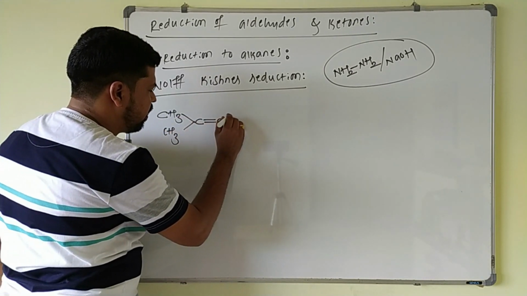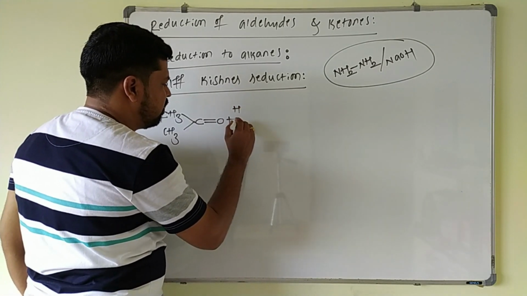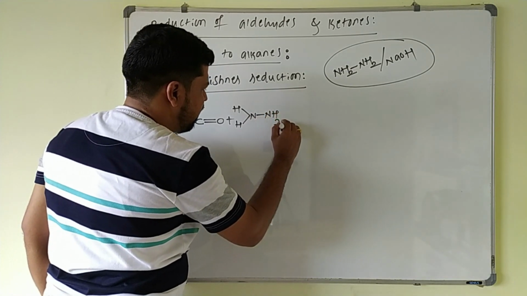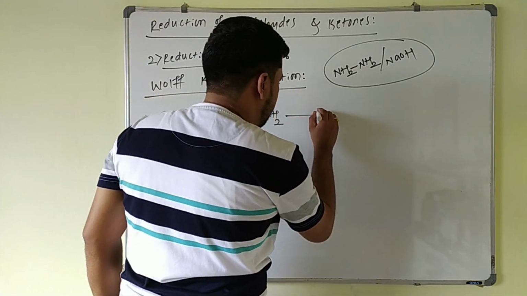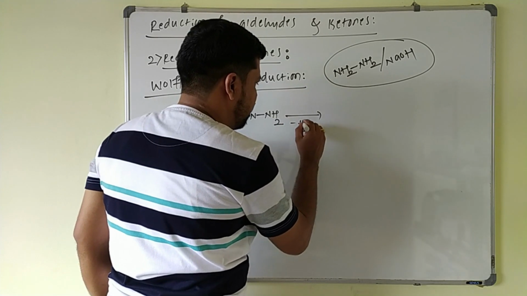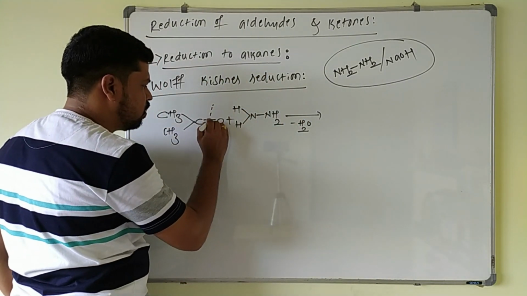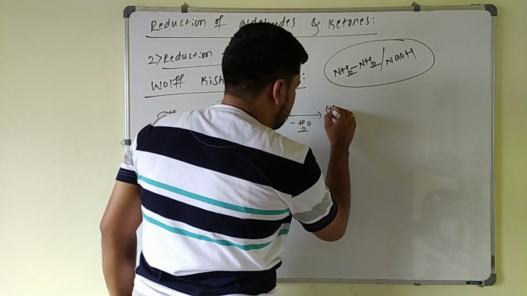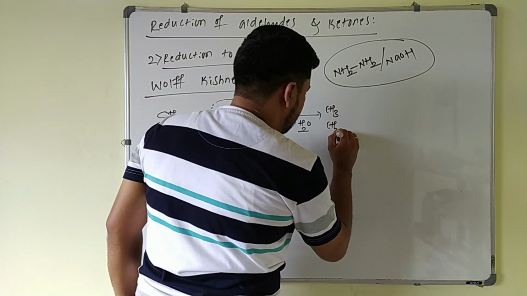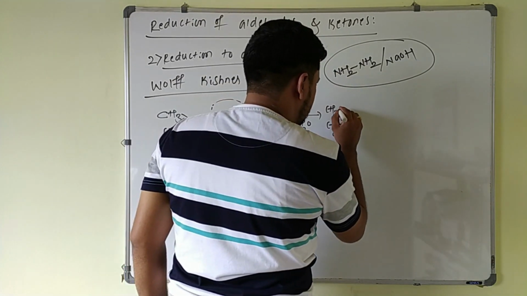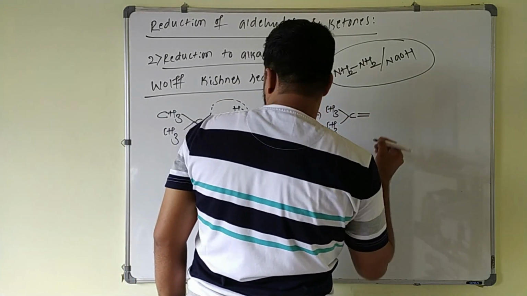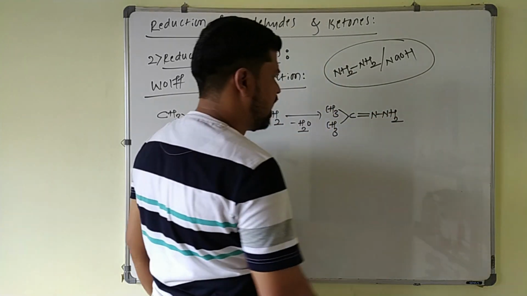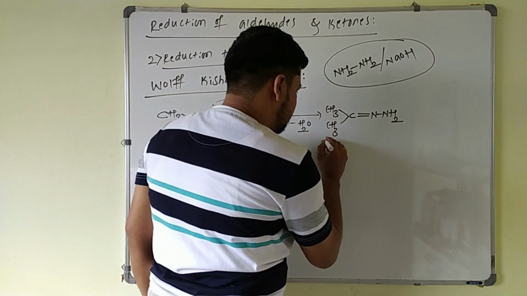This on treating with hydrazine, that is NH2NH2. So what it will form with the loss of water molecule? First it will form a hydrazone. So like this, you will get CH3. So here this carbon atom is forming a double bond with nitrogen, and the remaining NH2 is as it is here. So this is your hydrazone.